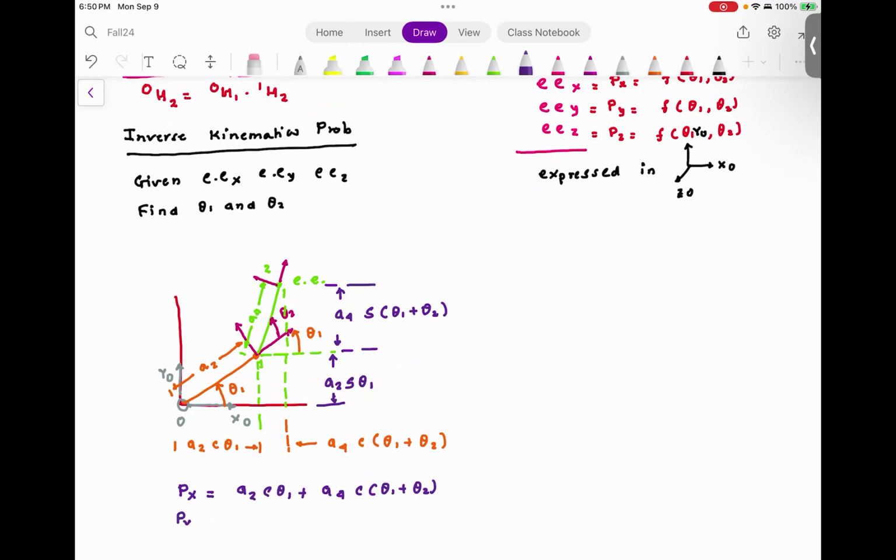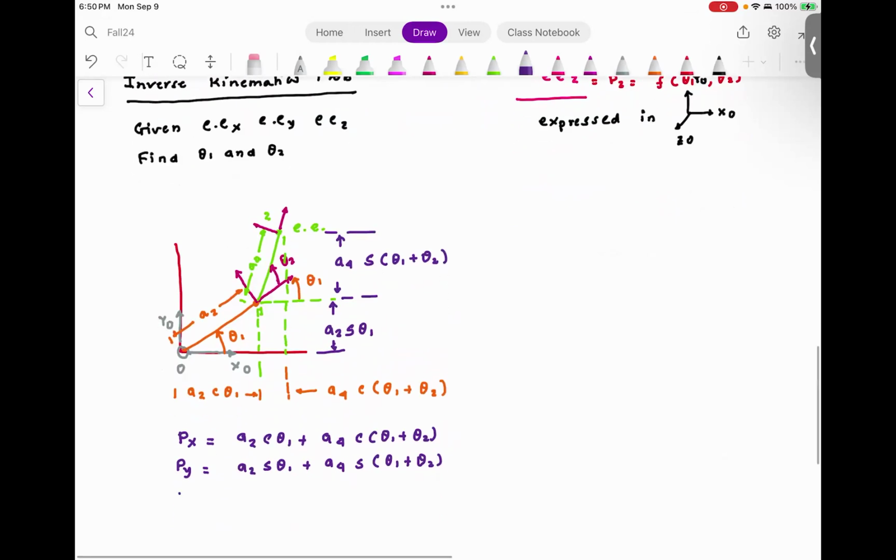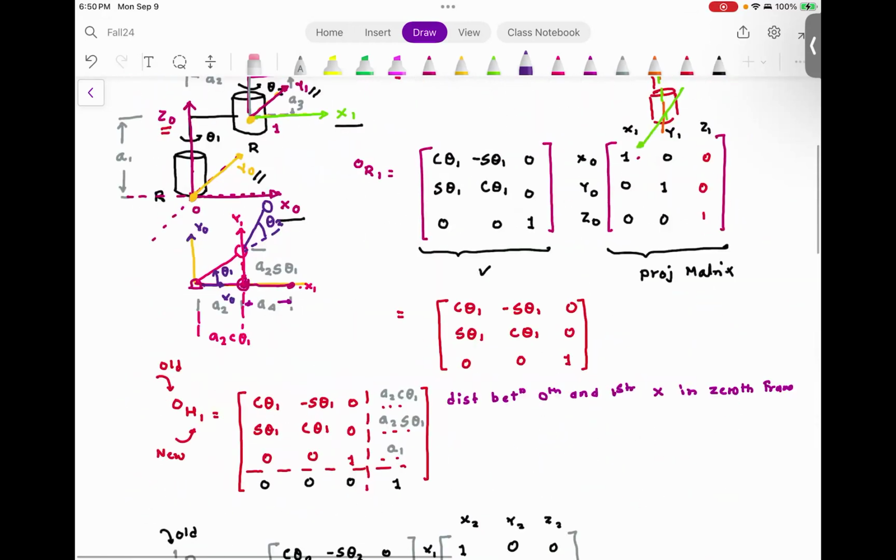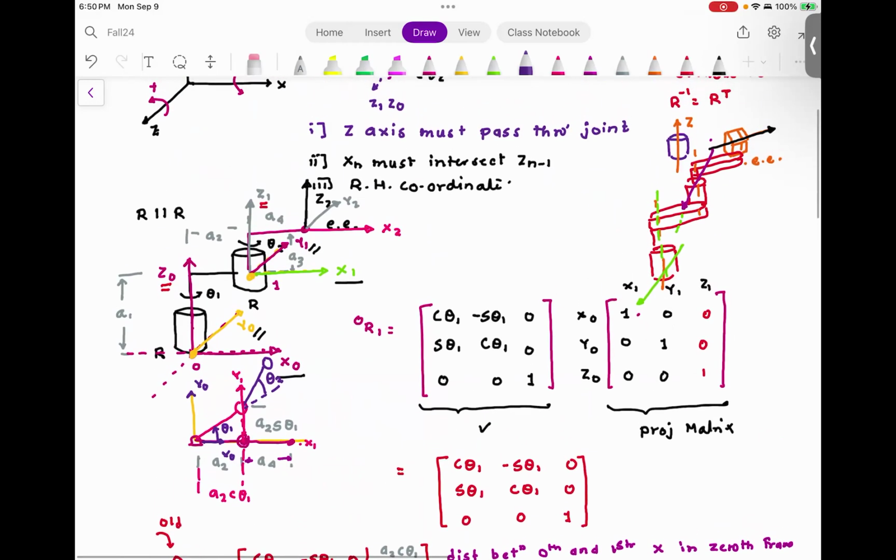Py is A2 sine theta 1 plus A4 sine theta 1 plus theta 2. And can someone tell me Pz? Pz is nothing but summation of these two vertical distances, A1 and A3.